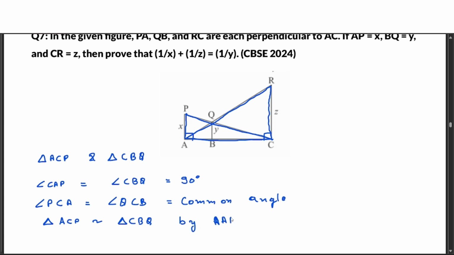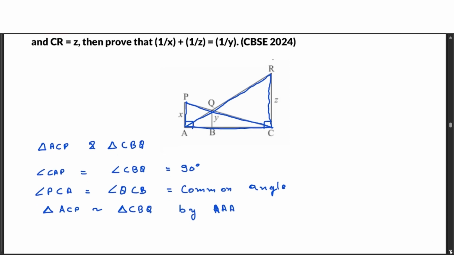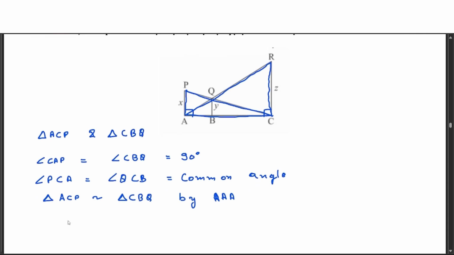Now, if these two triangles are similar, their corresponding sides are also proportional. So BQ over AP is equal to BC over AC, which means Y over X is equal to BC over AC.